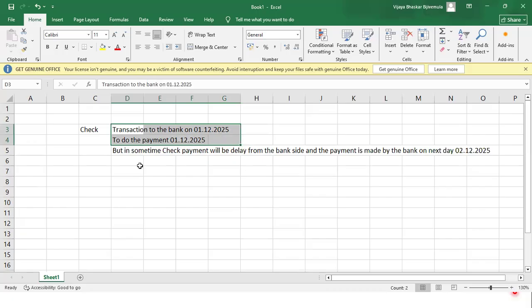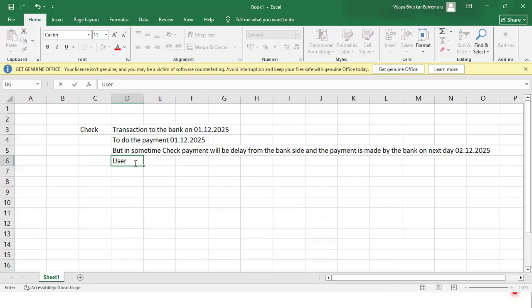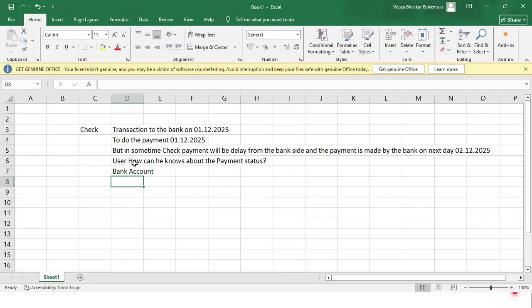Now here, how can the user know whether the check payment has happened or not? How does he know the payment status? The user logs into the bank account, the bank portal, and cross-checks the check number.